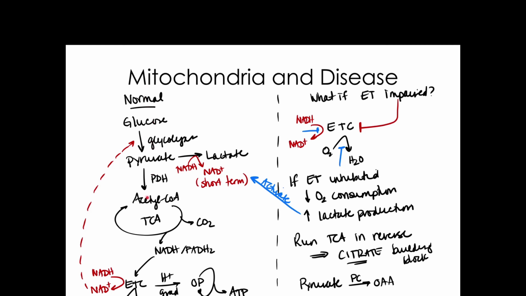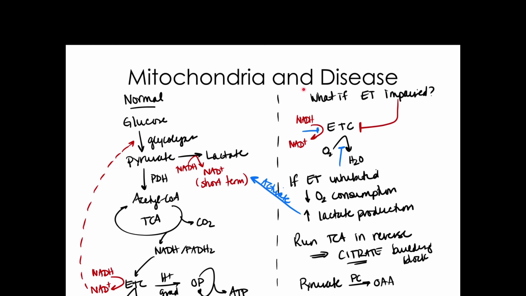So in normal functioning mitochondria, the electron transport chain is the main pathway for regenerating NAD+. And again, this is a sustainable mechanism for getting more NAD+ to go to glycolysis. But remember, the main point of glycolysis is not necessarily the long-term extensive production of ATP.